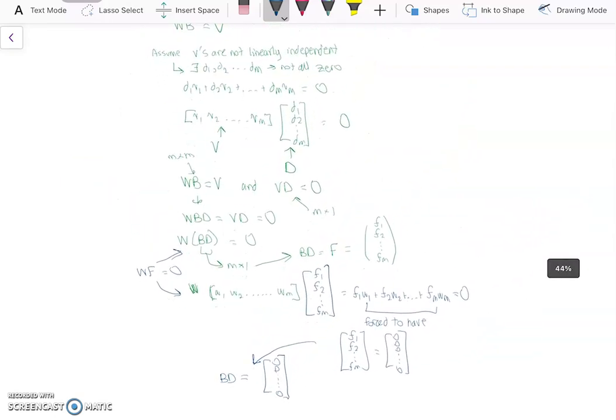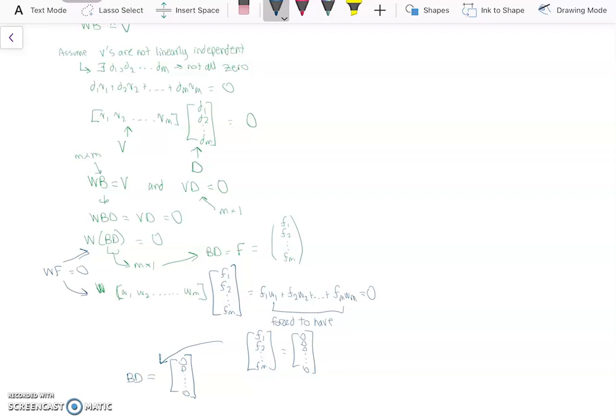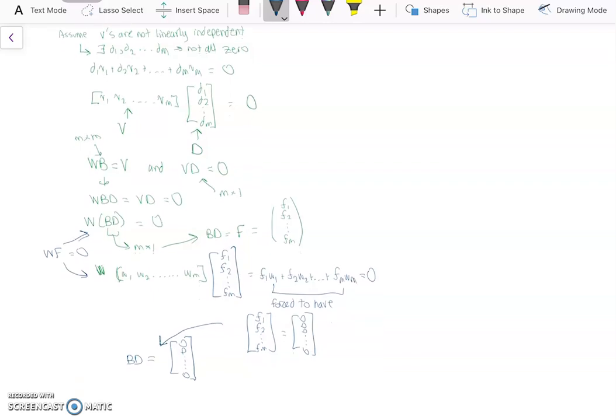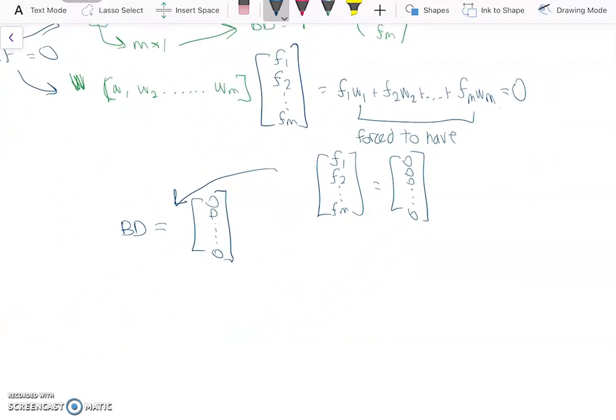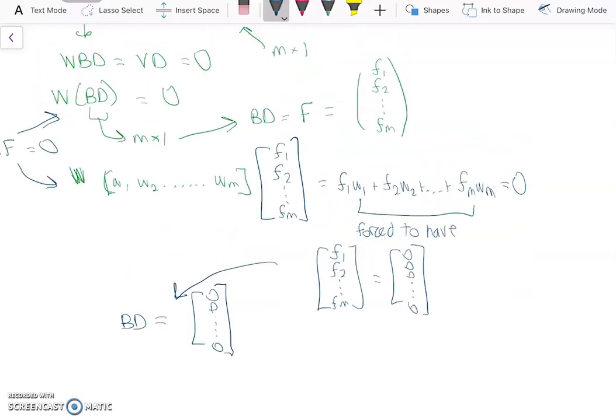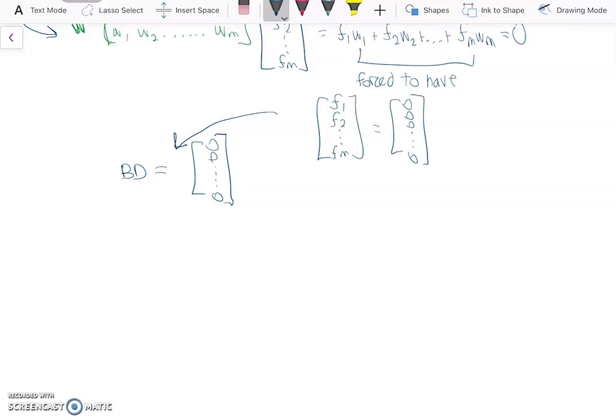Okay. So now since BD is equal to 0, and remember D is D1 up to Dm. But now since B equals the inverse of A, it is itself invertible.